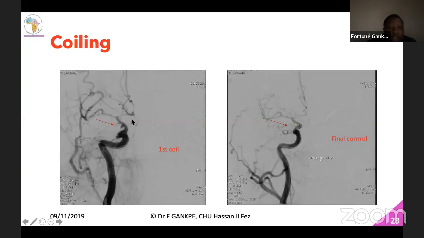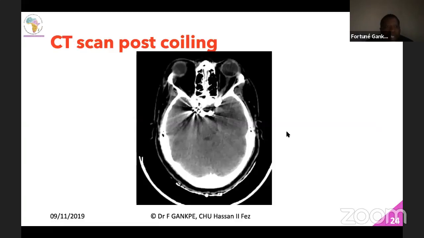This picture is the time of first coiling, and in the second one you can see the final control showing that the aneurysm was coiled very well. This is the CT scan post coiling of the same patient.